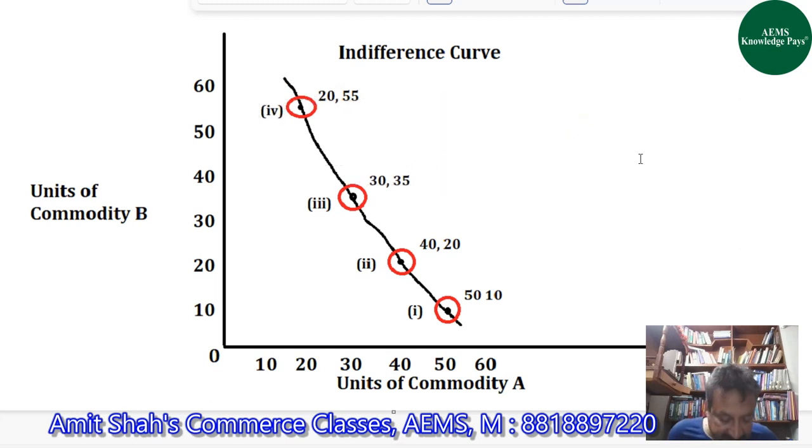Now, what does indifference curve convey us is that any point on the indifference curve gives the same amount of satisfaction to the consumer. So whether he chooses basket 1 or 2 or 3 or 4, he will have the same amount of utility or satisfaction out of each of these 4 baskets.